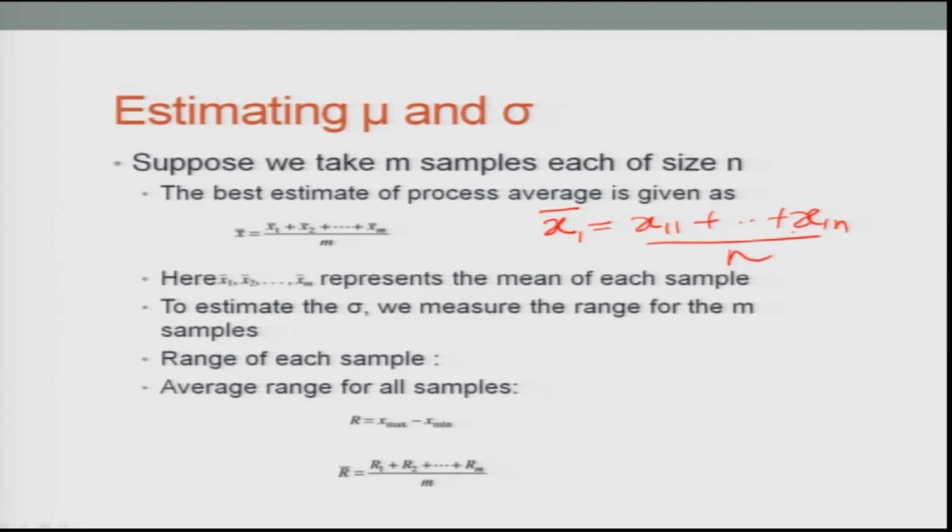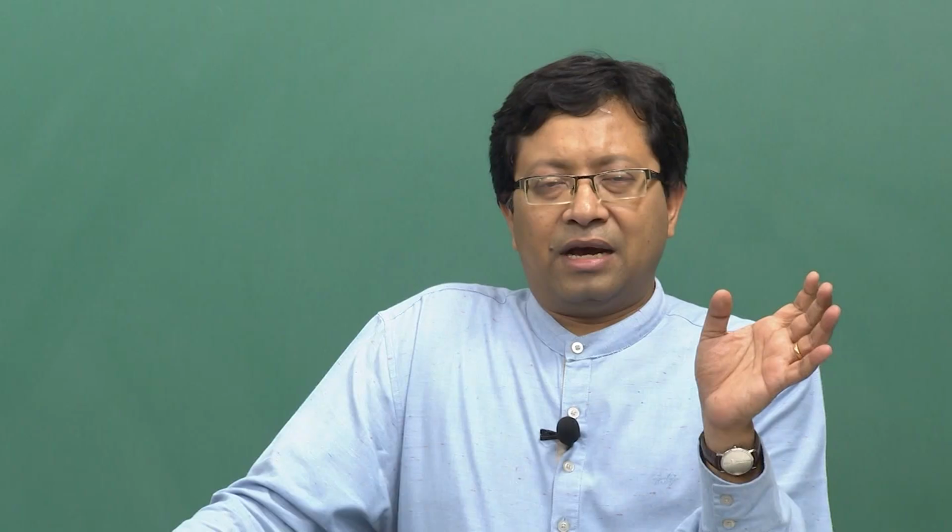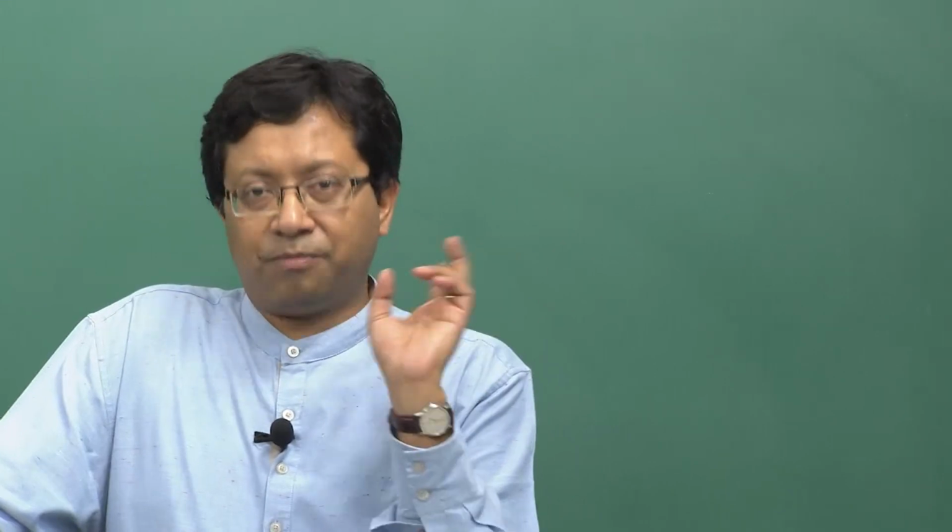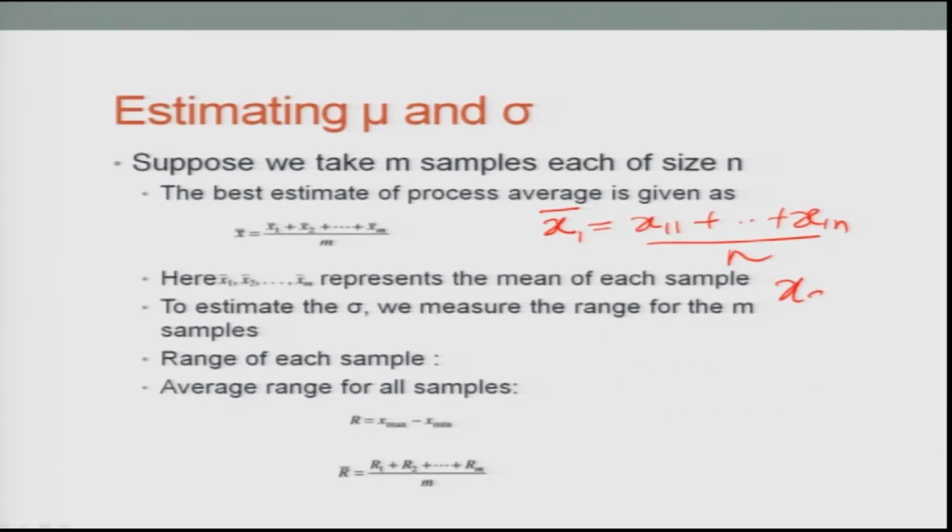Now, you should remember what the suffix 11 is. The first suffix is the sample number and the second suffix is basically the observation. So, if you are picking up the third sample and you have the fourth observation, it will be denoted by x34. Similarly, you will find out the averages x2 bar, x3 bar till the last one, which is xm bar.